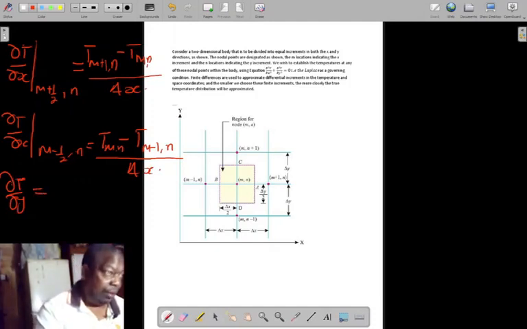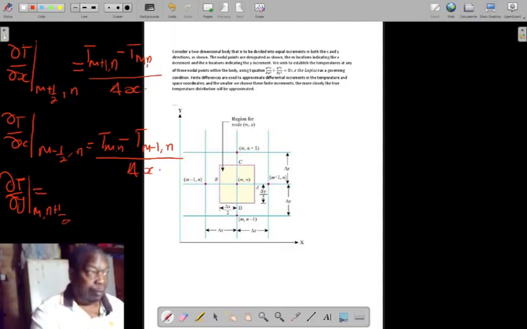We have at m, n plus a half, because the movement is in the y direction.